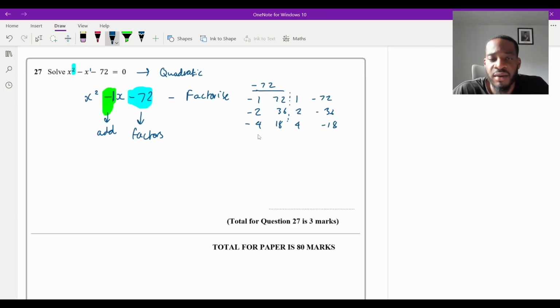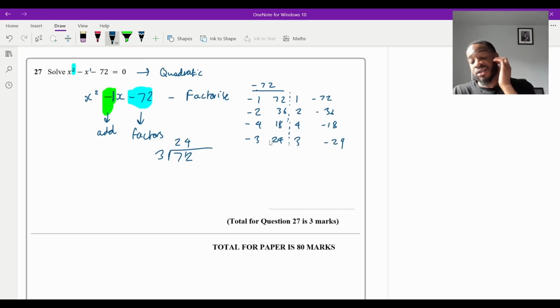What would that be? 72, 12, 60. You could just use the bust up method, to be honest. 3 goes into 7 twice with a remainder of 1. 24, of course. Perfect. So we're going to have minus 3 and 24, and then obviously 3 and minus 24. And then yeah, you could list the factors.